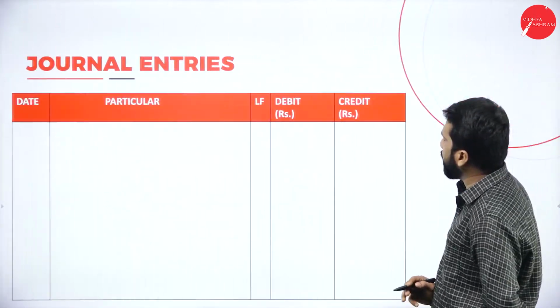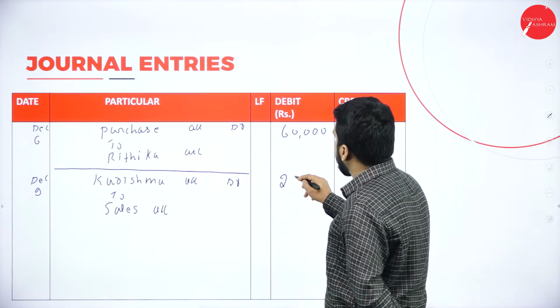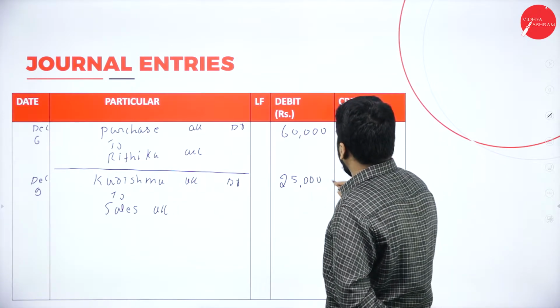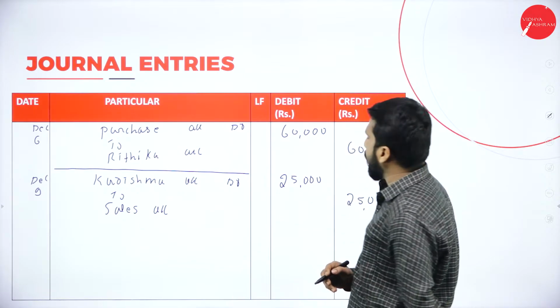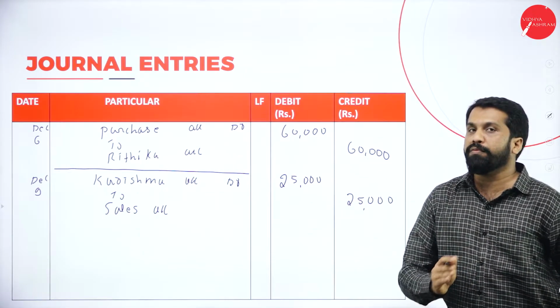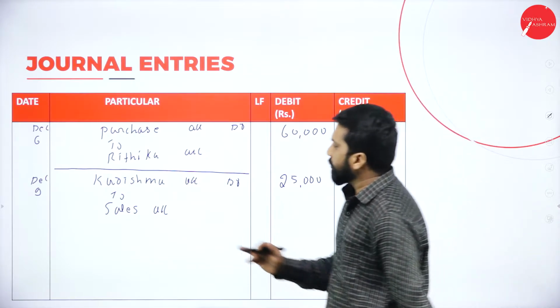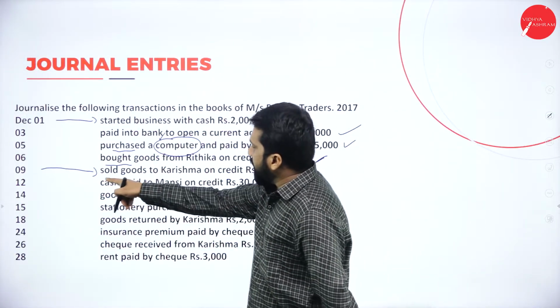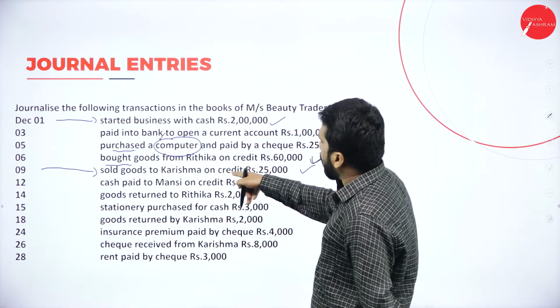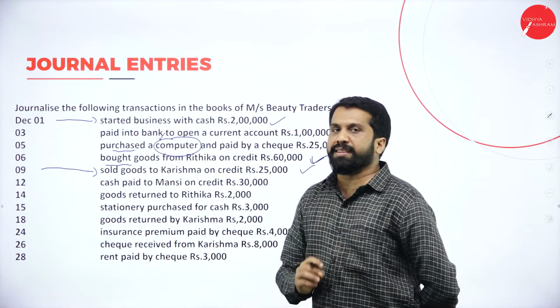Now, it will be 25,000 and 25,000. Any doubt? Up to this, any doubt? Hopefully, there is no doubt. So, narration will be what? Being sold goods to Karishma on credit. That will be your narration.